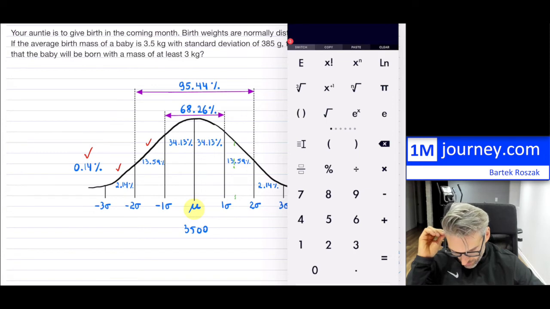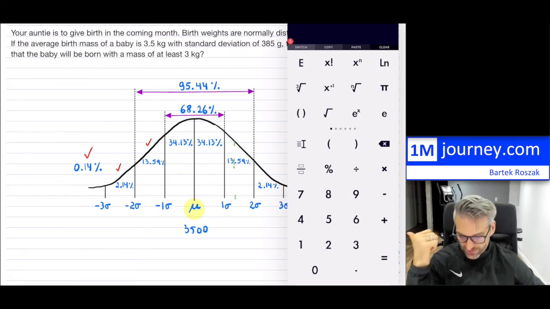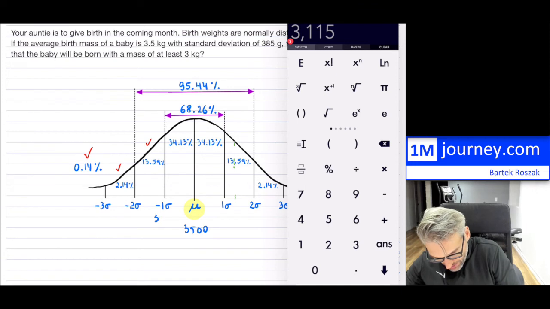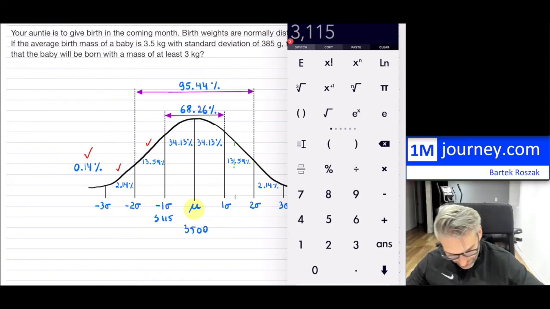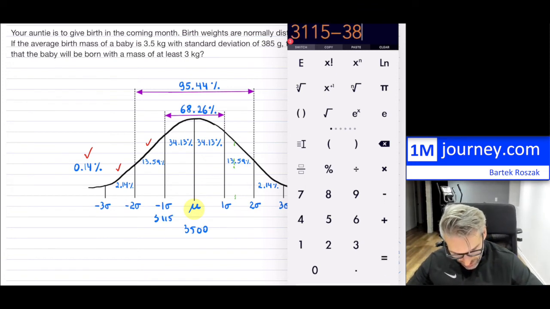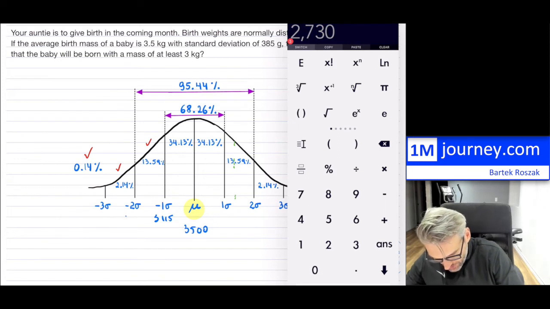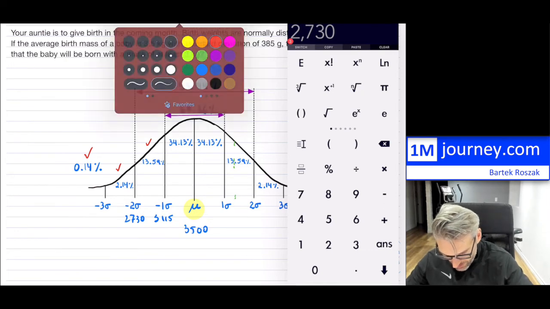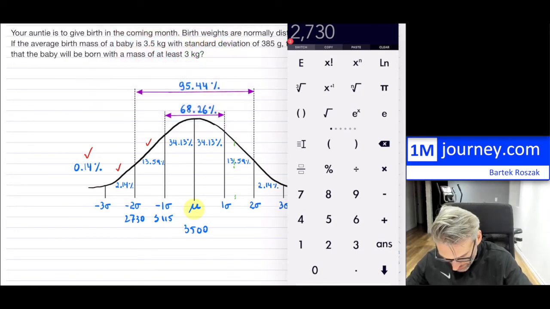It's going to be more than 1, and it's going to be to the left. So we have 3500 minus 385, which is 3115. Minus another 385, another standard deviation, is 2730. So 3 kilograms is somewhere over here.